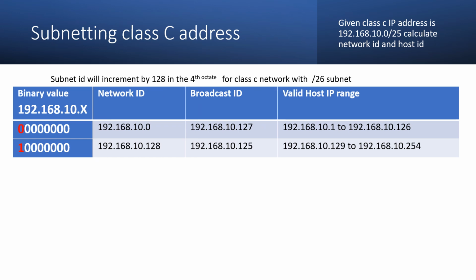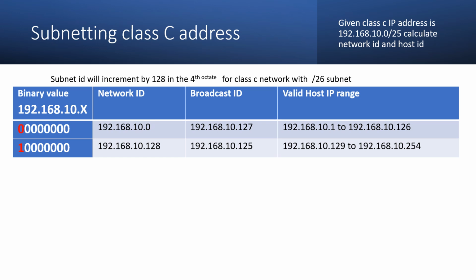And for the last one, the subnet will increase by 128 in the fourth octet for Class C networks, which is /25. So it increments by 128, so it'll be 0 and 128.